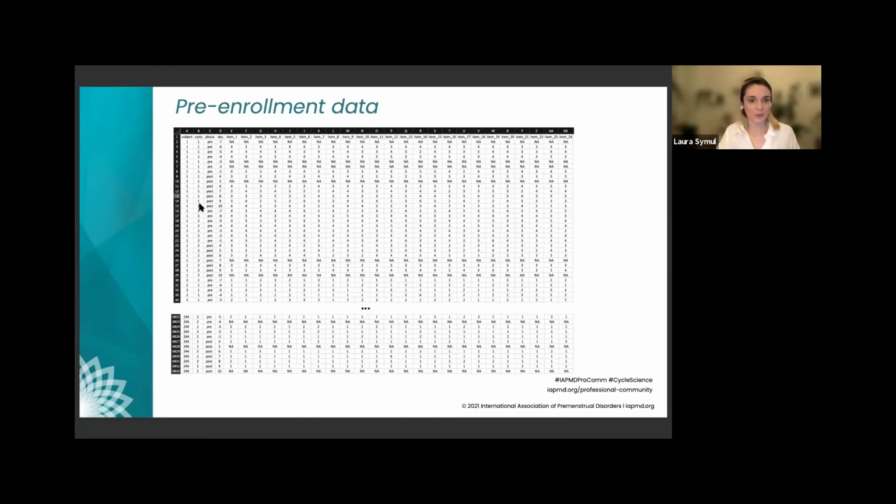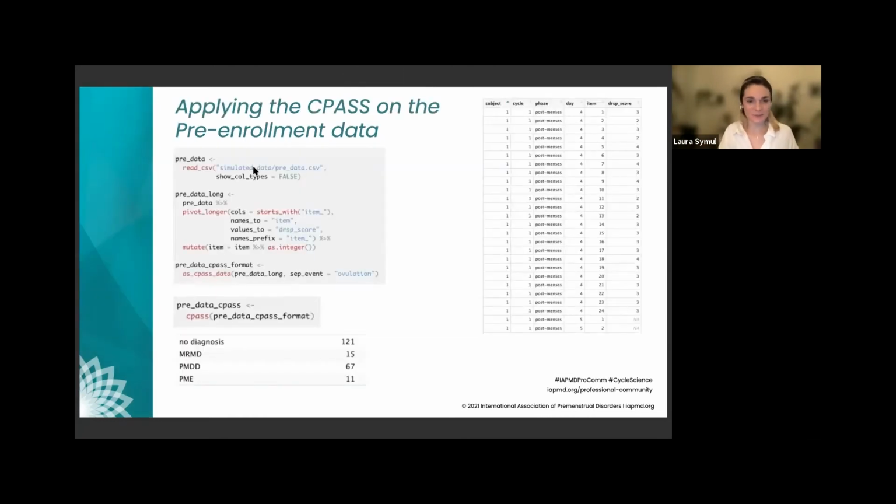So we see cycle number 1, cycle number 2, and then for 2 phases of the cycle, the premenstrual phase and the postmenstrual phase. That goes from days -7 to -1, and then from day 4 to day 10. And then they reported the severity of problem on a scale from 1 to 6 for all 24 items. And you can see there are some missing values because maybe some days they forgot to track their symptoms. Again, these are fake data. I just tried to mimic actual behavior.